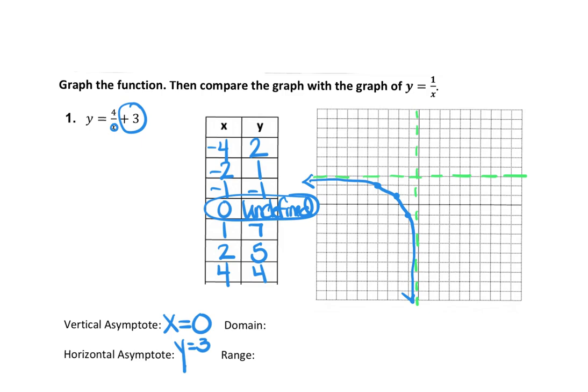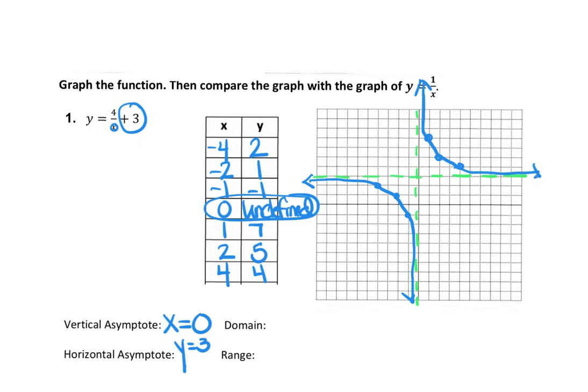All right, and then on the other side, we have 1, 7, and then our 2, 5, and then our 4, 4. Again, you've got this hyperbola that comes on down and keeps getting closer and closer, but never does touch it.